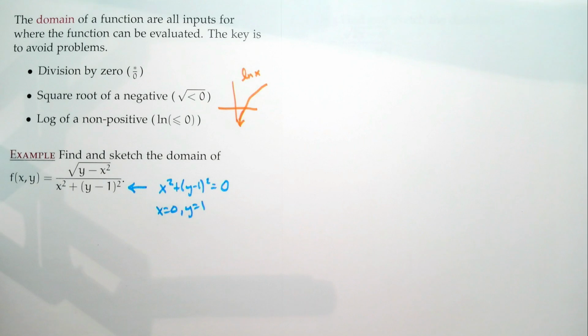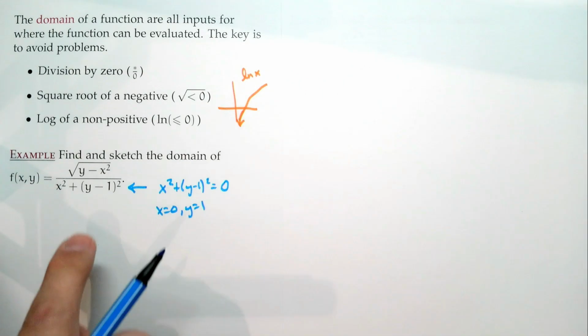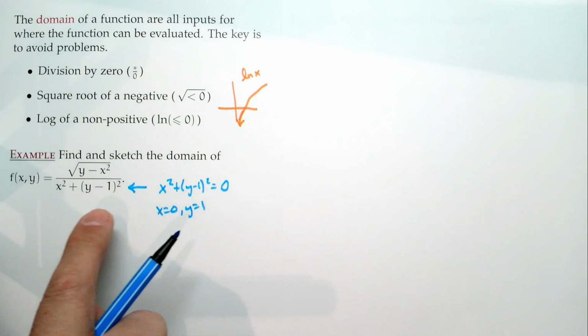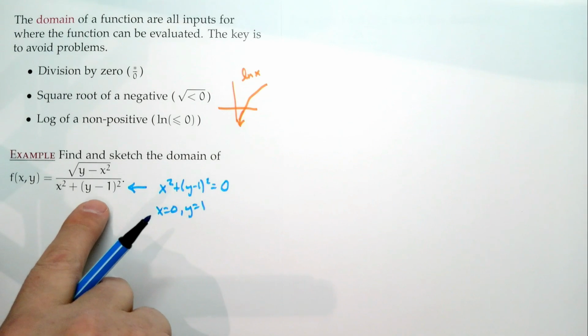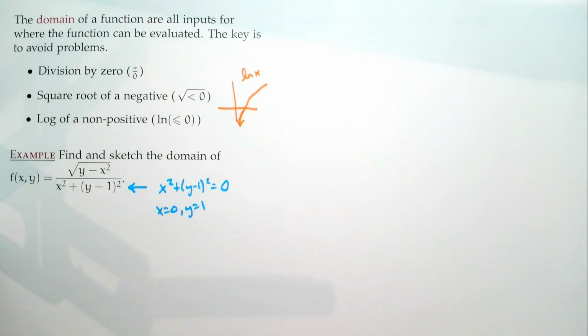y minus x squared needs to be larger or equal to 0. So there is something in the numerator, that's true, the square root. But is there any other thing I have to worry about in the denominator? Is it just one single point? Just that one, only one point that we have to worry about? Well, it's okay if y is 1, as long as x squared is not 0, right?